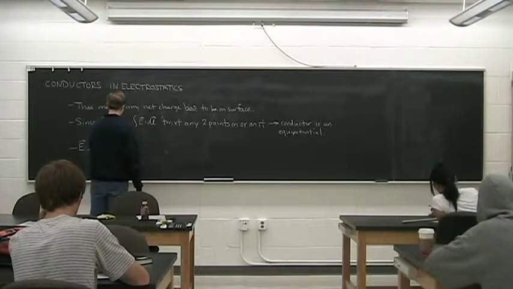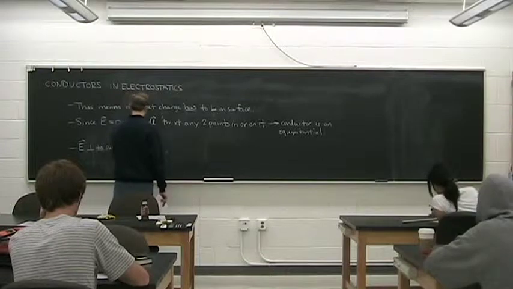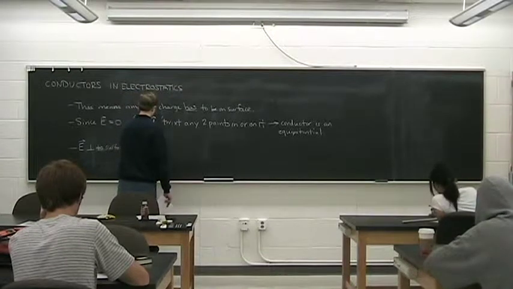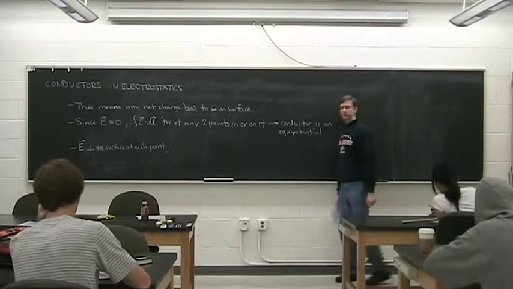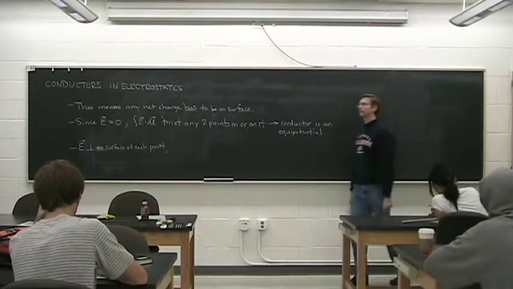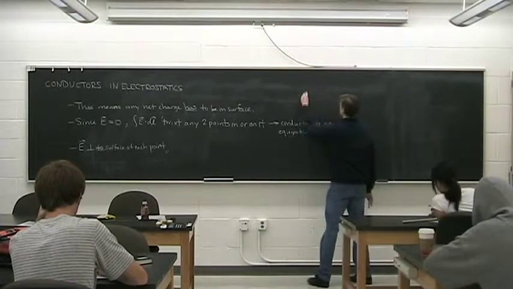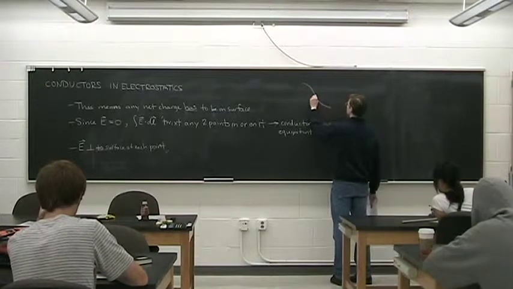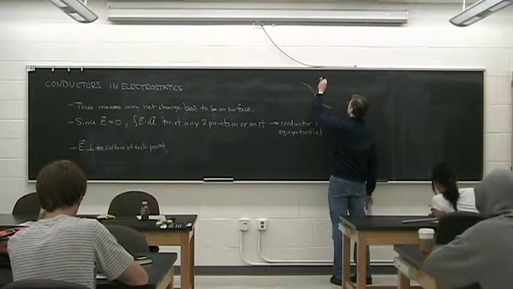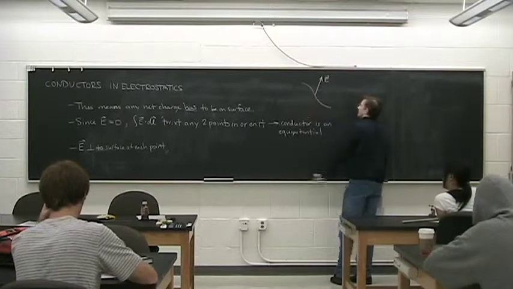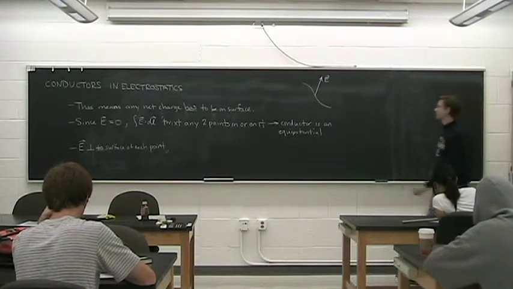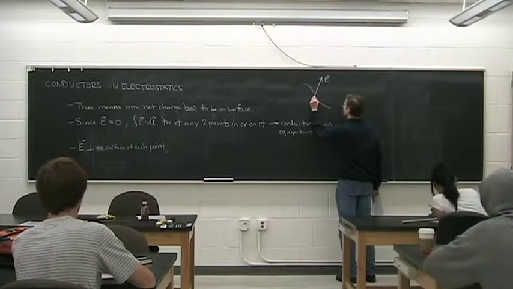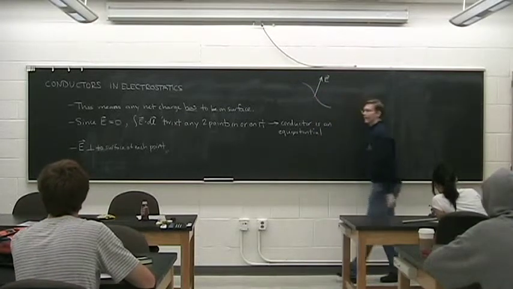It also has to be true that the electric field is perpendicular to the conductor's surface at every point. Because suppose the electric field wasn't perpendicular to the surface, and you were a charge at the surface.